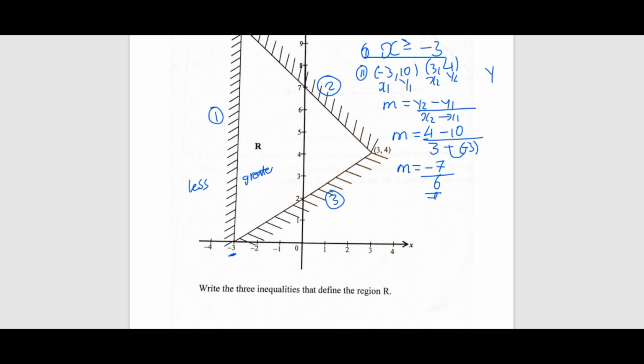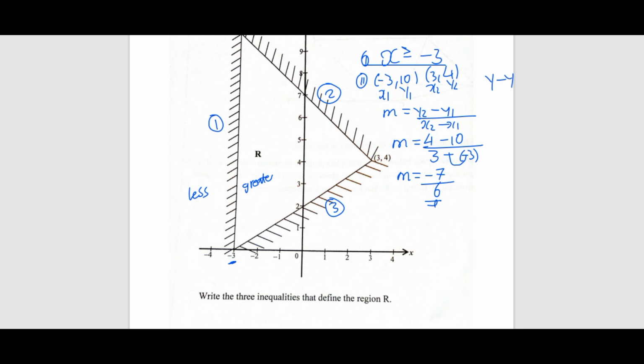So the equation is y minus y1 is equal to gradient times x minus x1. Let's use this pair, since this pair has no negatives. So y1 is 4, gradient is negative 6 over 6.